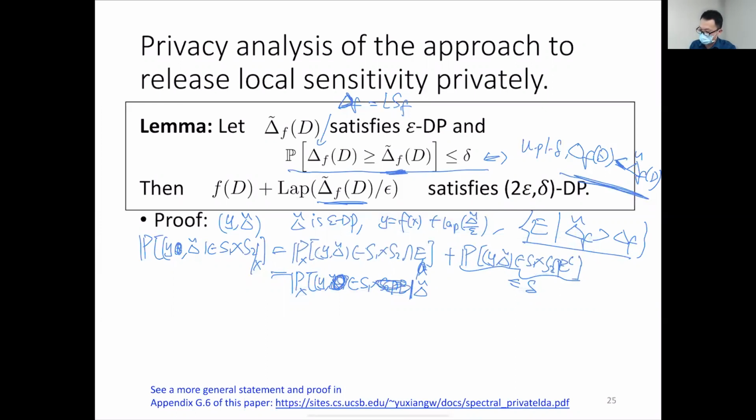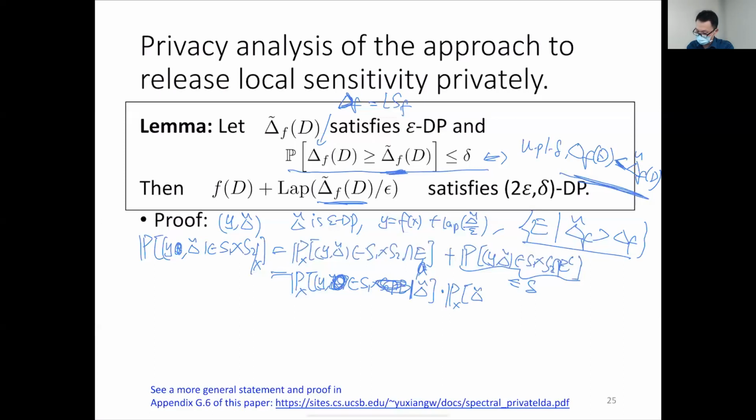So this is basically Y being inside this XS1, and then multiply with, so I'm basically factorizing the joint distribution into the conditional and the marginal. So I just wrote the conditional, now I'm writing the marginal.